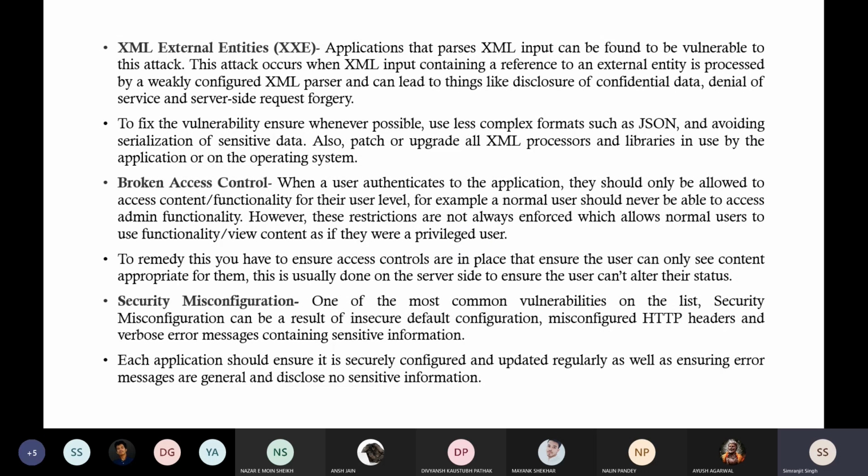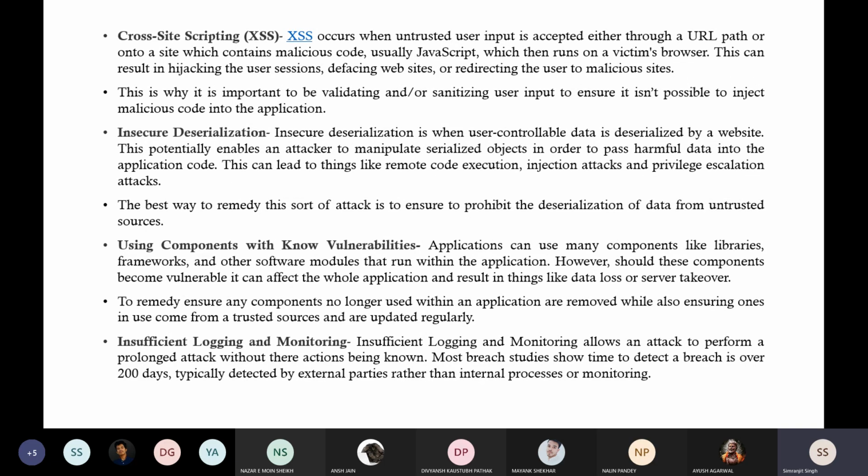Similarly, we have seen XML external entities, broken access control, and security misconfiguration in the previous lecture. Now there is another thing called cross-site scripting, XSS. We will study that attack in the lab also. You have to understand that, like SQL, some particular websites use JavaScript.